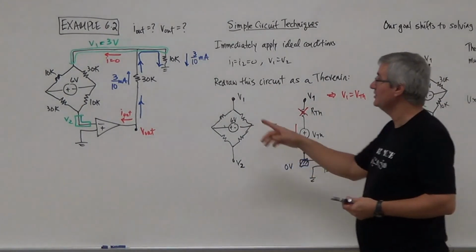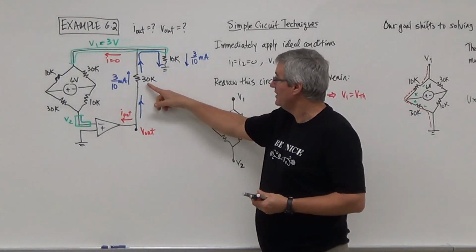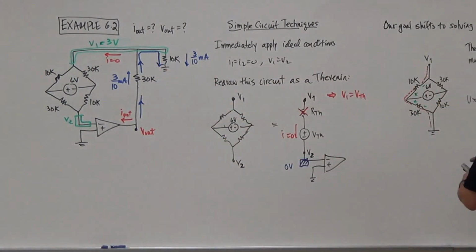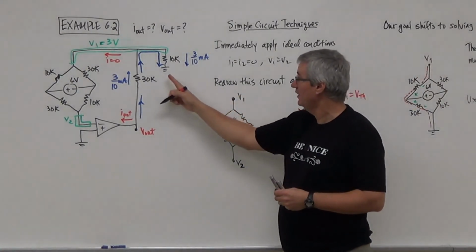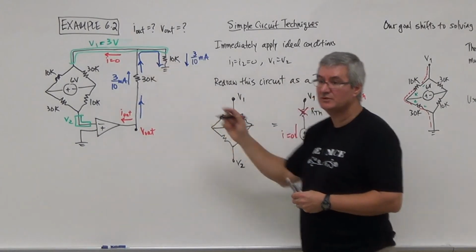So now I got the current here, and now if I look at the output, I think I can write still here. So now I apply Ohm's law to get V out. I know that's 3 volts here.